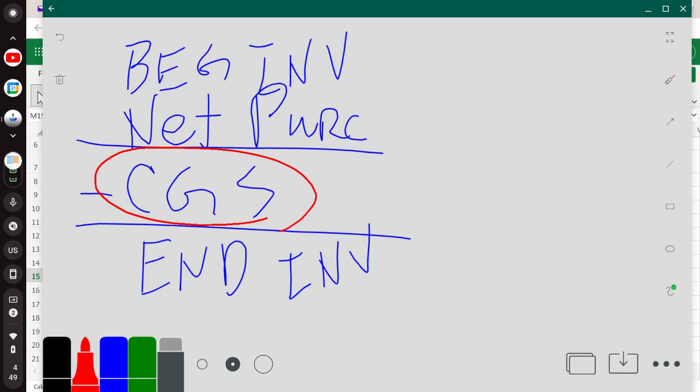To whom do you disclose it in the first place? I told you, the SEC, the Securities Exchange Commission. So this income statement is for external use.